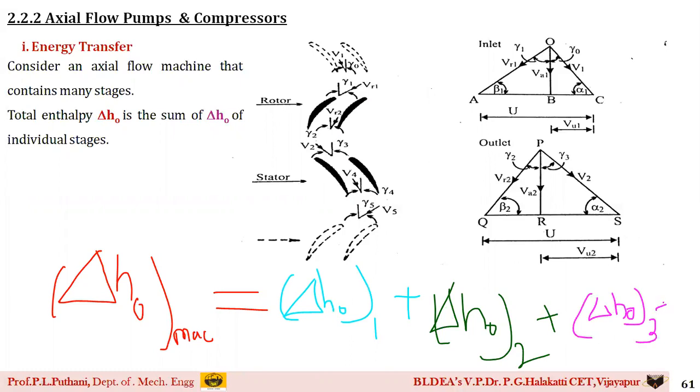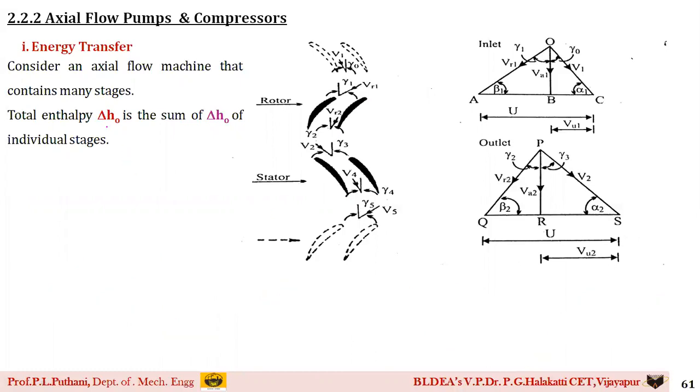This process continues. In other words, the total enthalpy change delta H naught is the sum of the delta H naught enthalpies of all the individual stages summed together.